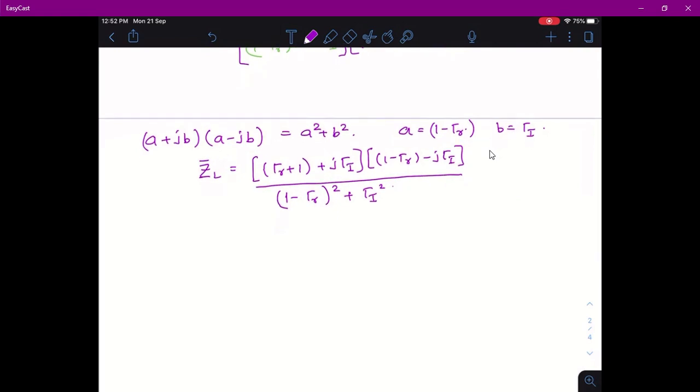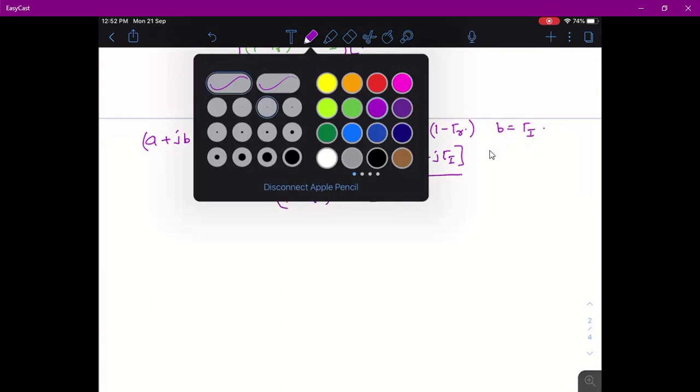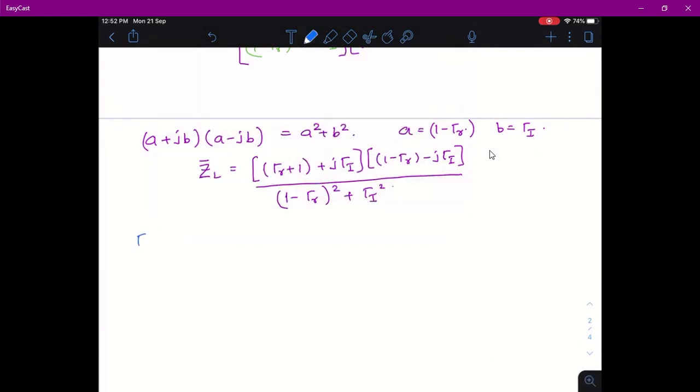Now let's look at the numerator also. Just write it separately. Tau r plus 1 plus j tau I. So let's look at the numerator, multiplied by 1 minus tau r minus j tau I. Okay.